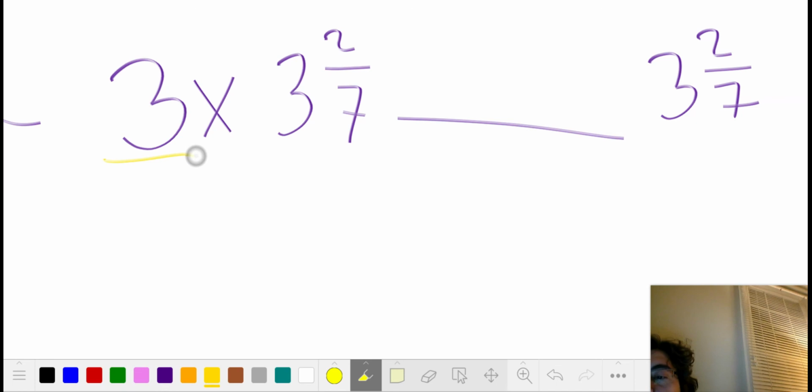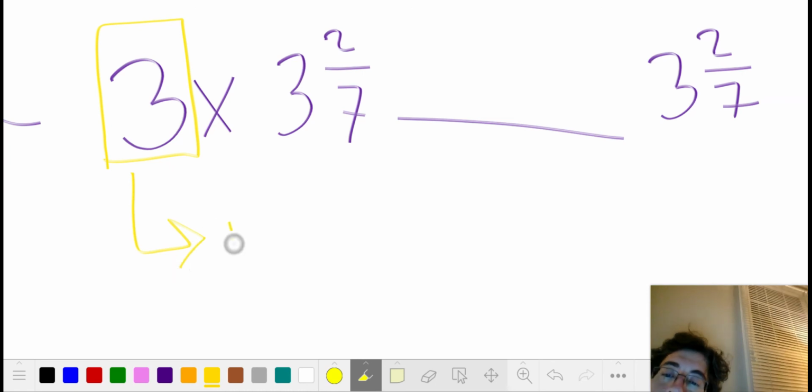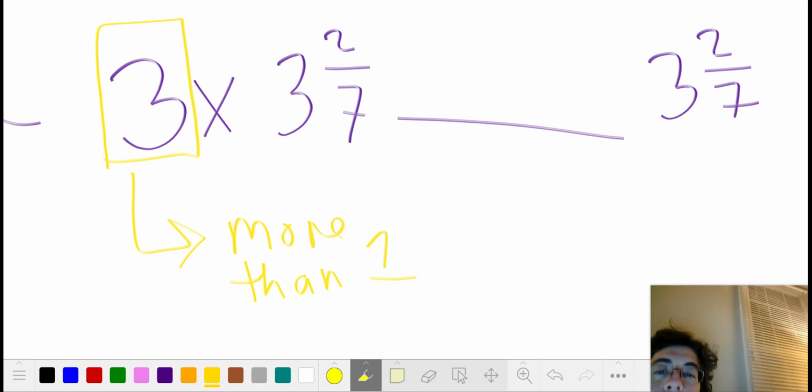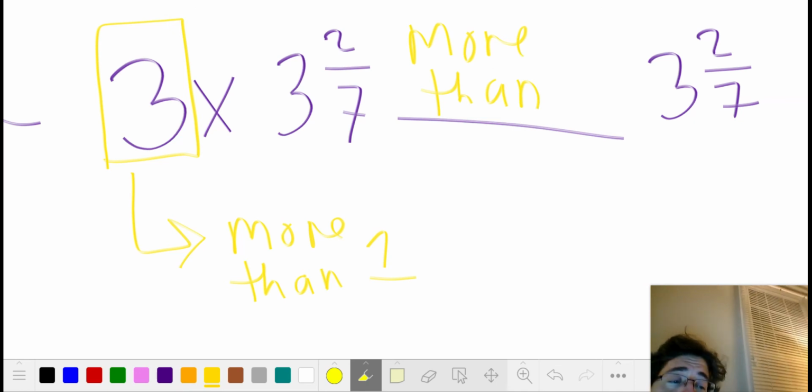Well, the number in this expression that's going to tell us that is 3. 3 is obviously larger or more than 1. And so our product of 3 and 3 2/7 is going to be more than 3 2/7.